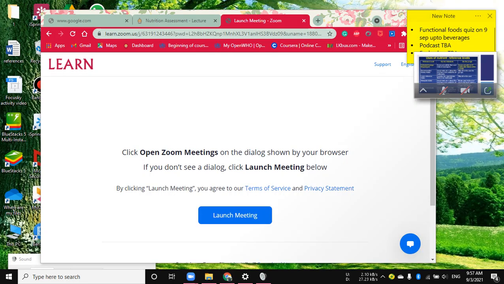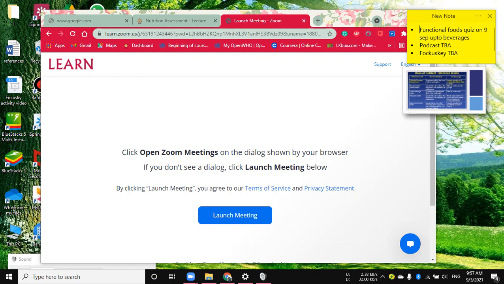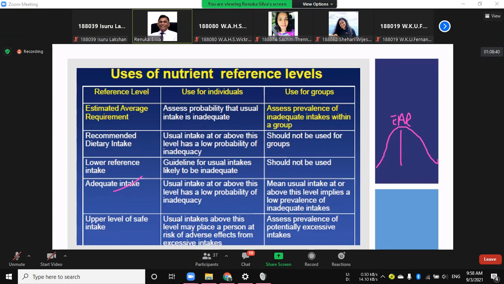We can get an idea if you exceed EAR. This is the EAR for the population, and you calculate your nutrient intake using your diet diary.